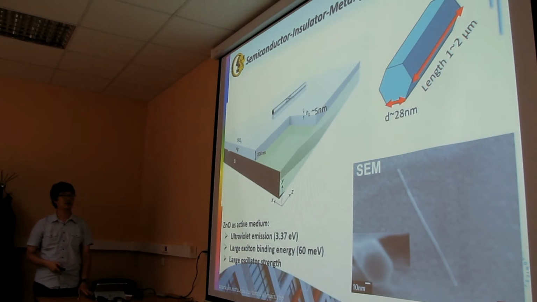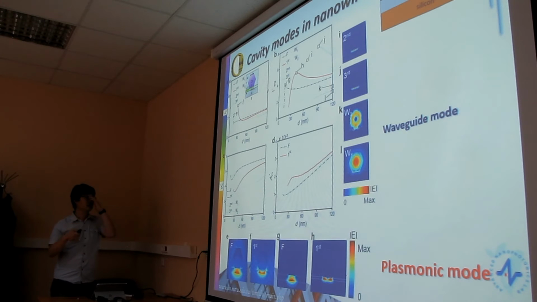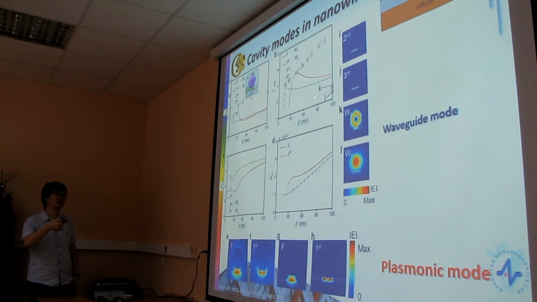To ensure that the signal emitted from our devices originates from the plasmonic mode, we have done a calculation by the finite element method. We adjusted the side width of the wire from 20 nanometers to 120 nanometers. As you can see, for a side width larger than 17 nanometers, there's a waveguide mode inside the wire.